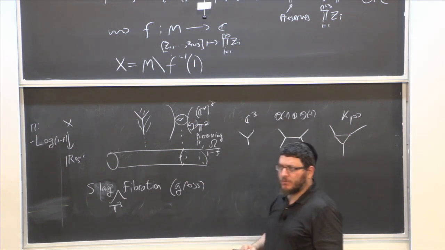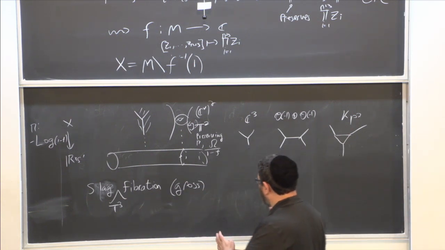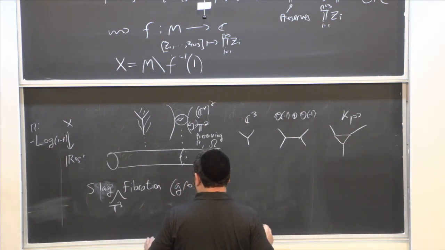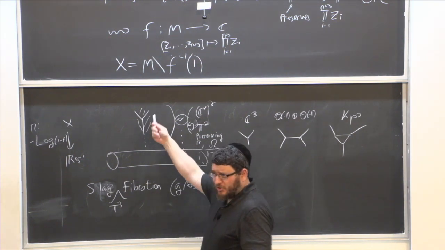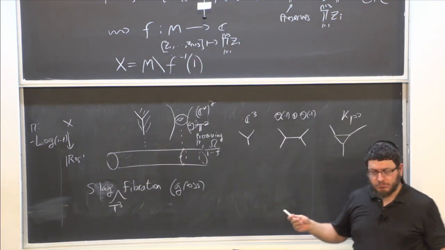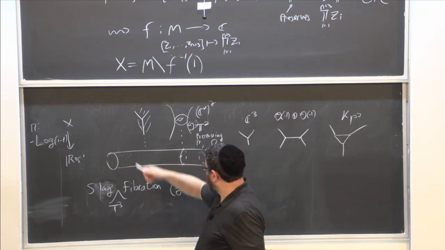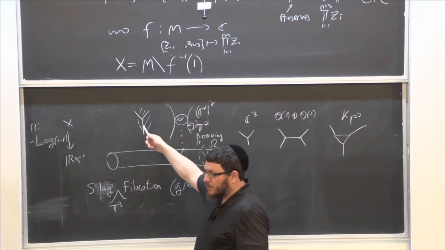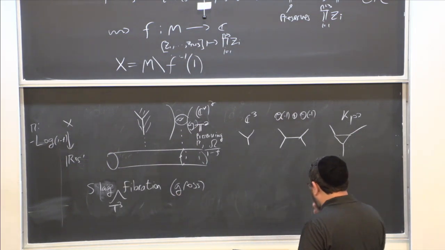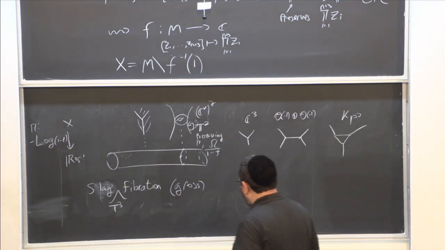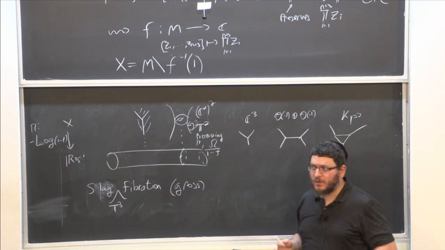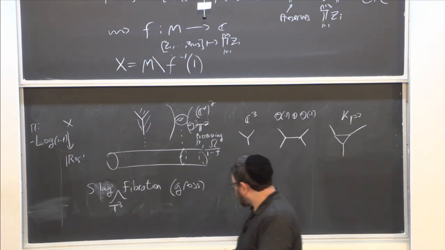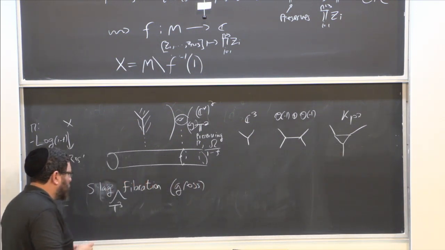Then you get this Lagrangian torus fibration, which degenerates where we get the degenerate tori in this singular fiber. So this is the standard setup for SYZ mirror symmetry.